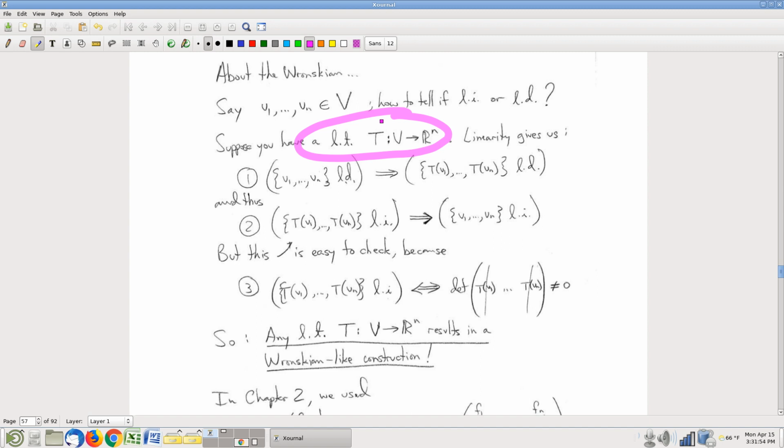And with the given linear transformations, you can assemble your own linear transformation, construct with that linear transformation your own Wronskian-like construction, and use that to decide if the list of functions is independent or dependent, or at least if they're independent. Okay, so like I say, there's some old test questions on that. I encourage you to take a look. It'd be a good practice in understanding these ideas.